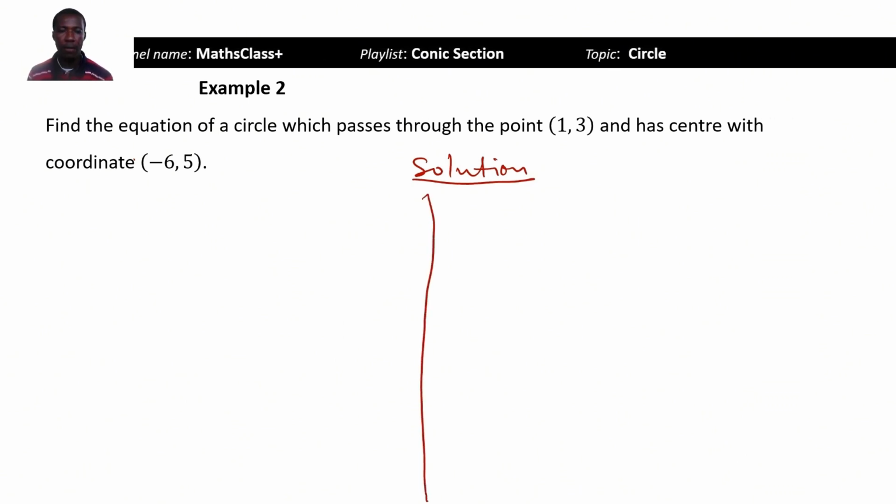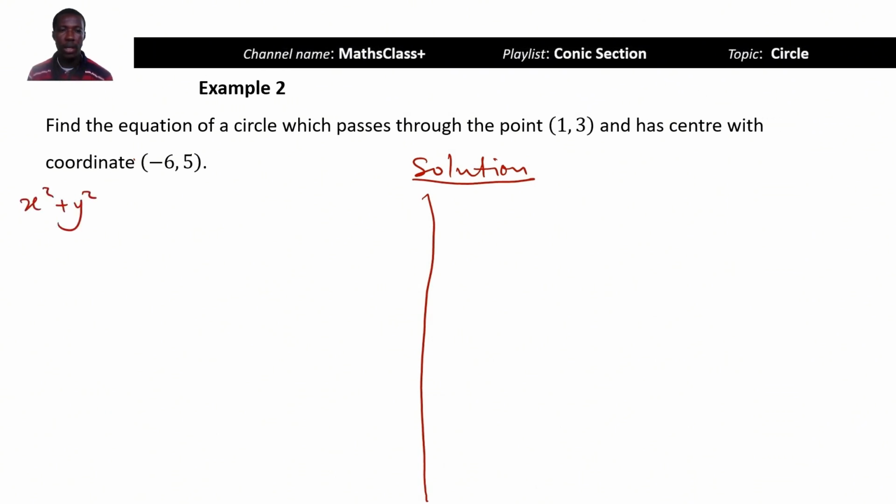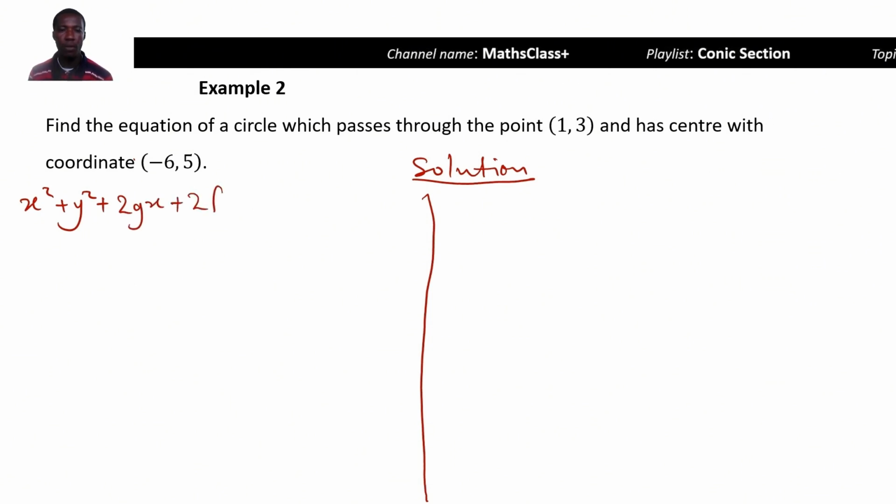Now we have the general form of the equation as x squared plus y squared plus 2gx plus 2fy plus c equal to 0. Now our center values will be g and f. Those are the center values. So in place of g and f, we are going to put the coordinates of the center there.